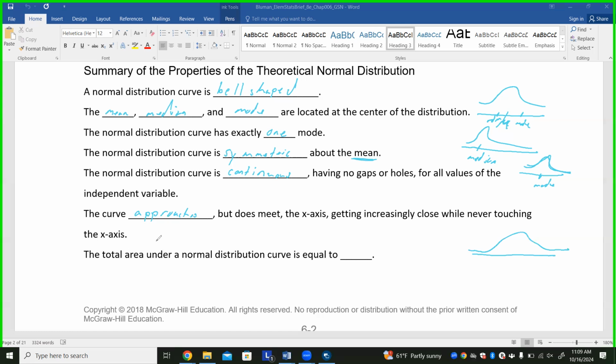All right, and then the total area under the normal distribution curve is equal to, I guess I was off just a little bit, 99.7%. So again, that 0.3% that it won't actually touch is not going to be accounted for. And most likely that data that's not accounted for is probably going to be your outliers anyways. So it's going to pull your data, so you might as well just take it out.